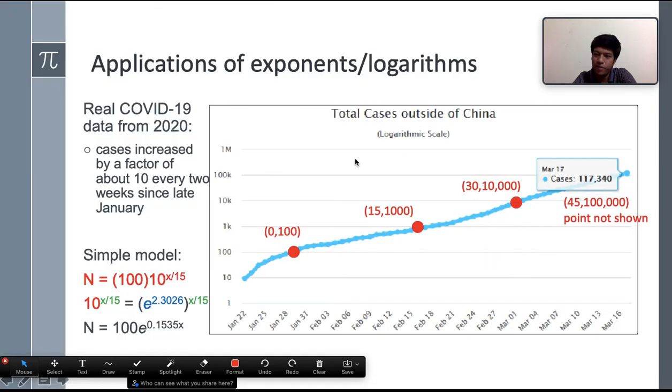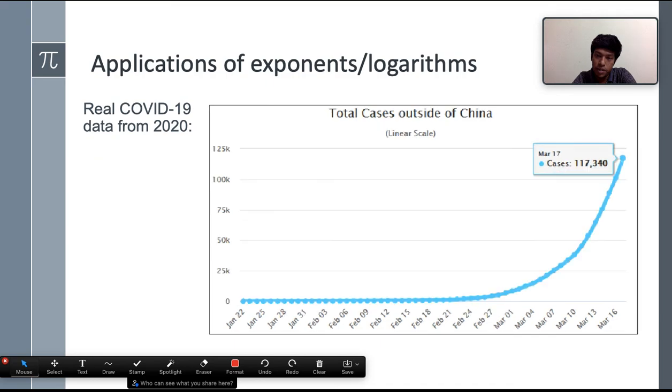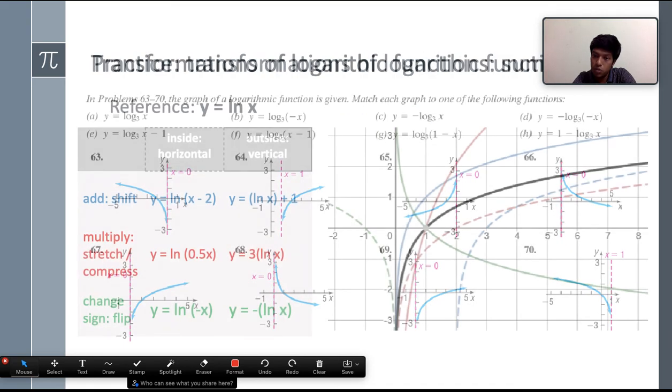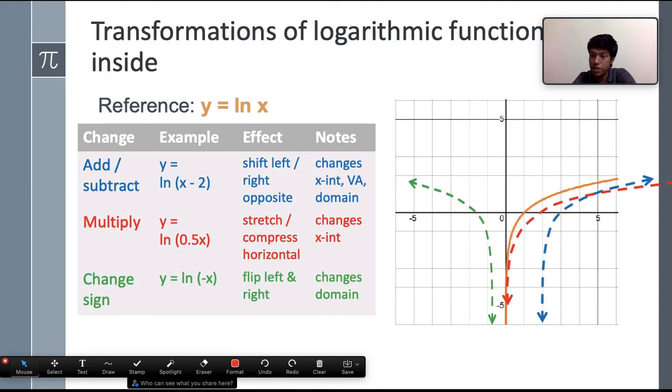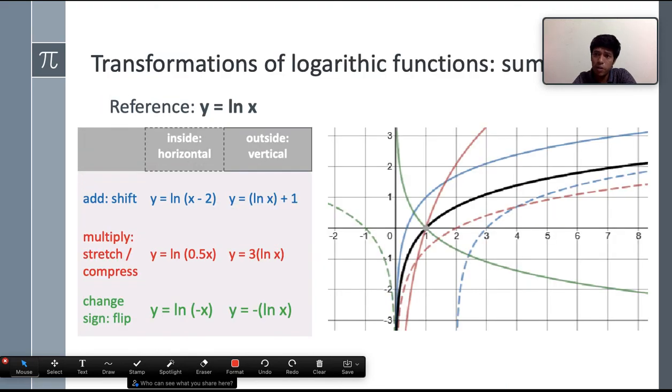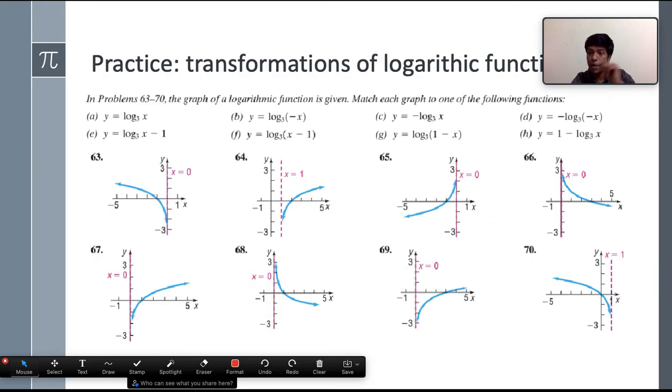I think that's all for today's class, for today's recording. The most important thing here is you must know what is happening in terms of logarithmic function transformation and all these graphs. You must know the 8 graphs that I have shown in the drawing. That should become your muscle memory.